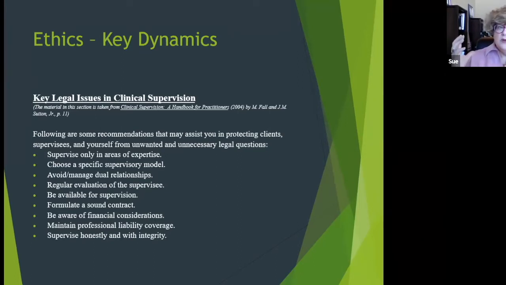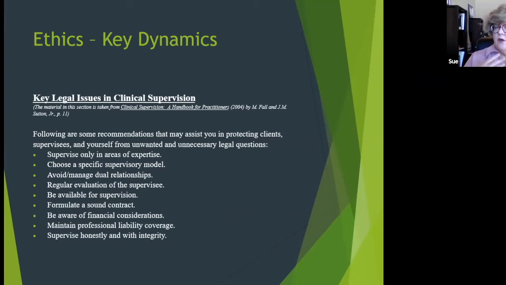So it's important that you clarify with your supervisee what hat you're wearing. There's a certain vulnerability that's helpful if a supervisee brings to their supervision sessions, to be able to talk about the things they're challenged with, the things they may be struggling with.